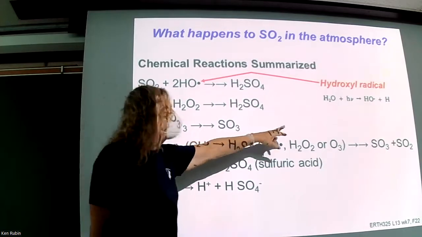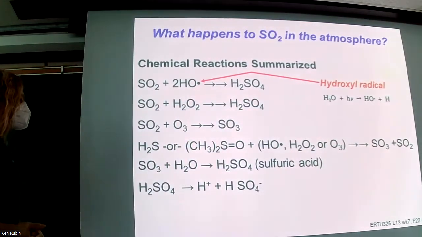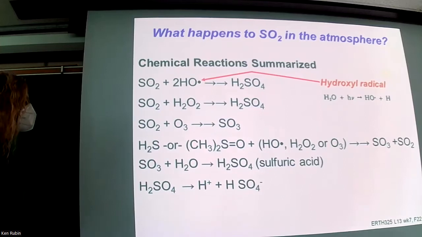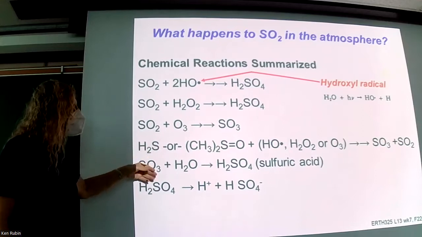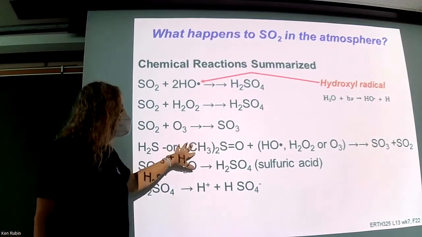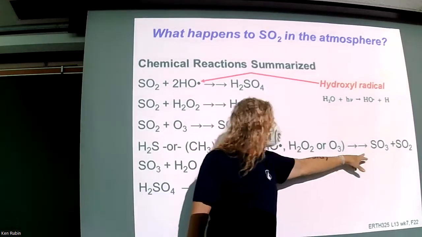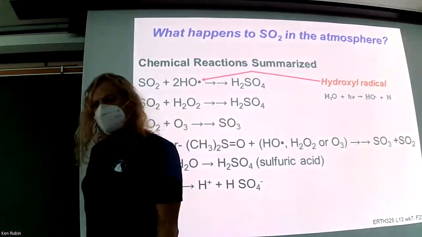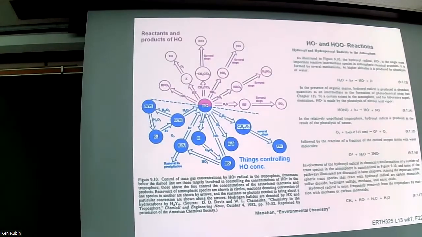And this just shows you the mechanism by which water is split to make hydroxyl. And this is even true if we start with a reduced form of sulfur, such as hydrogen sulfide, or this compound, which is biogenic. It's going to interact with one of these three oxidants to make these oxidized chemicals, which dissolve in water to make sulfuric acid. And that's the source of sulfur.